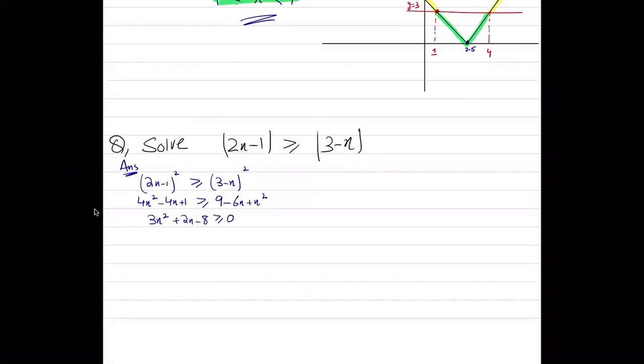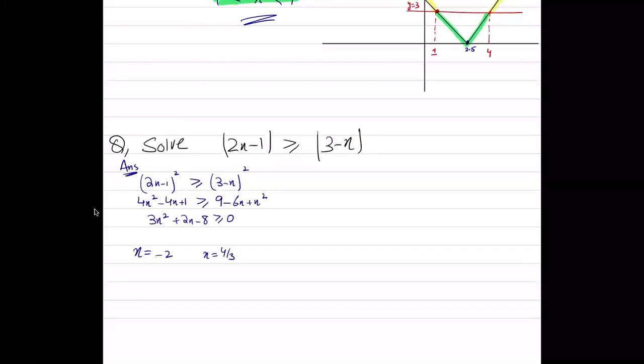4 upon 3 and minus 2. Minus 2 and 4 upon 3.